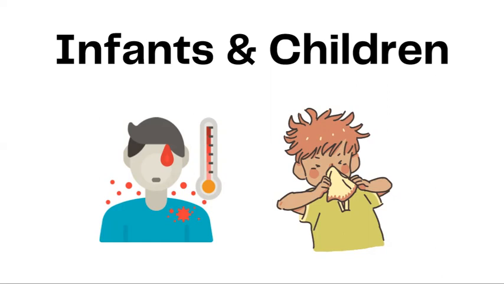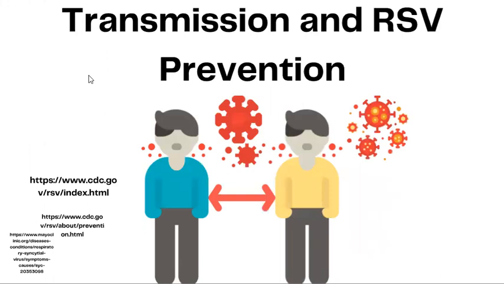And to prevent that state, and to prevent the transmission of that RSV, you have to wash your hands often with soap and water for at least 20 seconds. You can use alcohol based sanitizers to protect from germs, and keep your hands off your face.